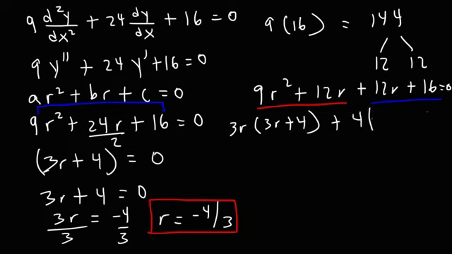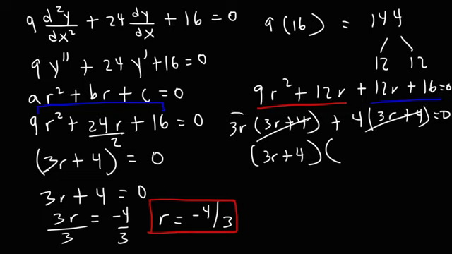So 12r divided by 4 is 3r. 16 divided by 4 is 4. The fact that these two are the same tells you that you are on the right track. So if you factor out 3r plus 4, you'll be left with 3r plus 4, which is the same as what we have here.